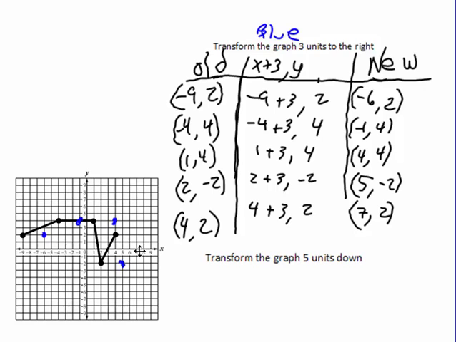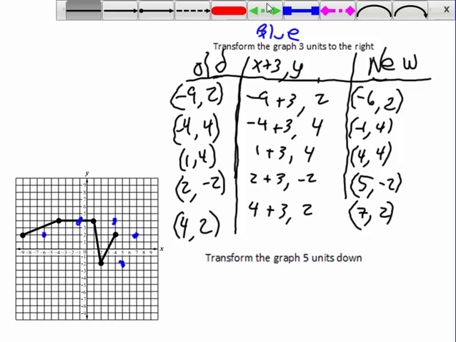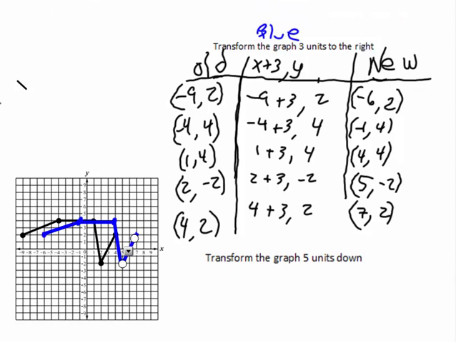And 7, 2, right there. And with this part, you want to use a straight edge, so let me get my straight edge out here. All right, so we have moved the graph 3 units to the right.